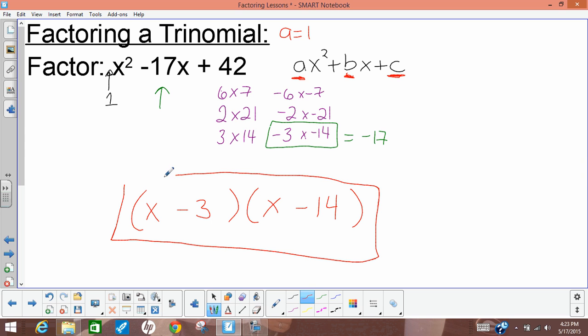That is our trinomial factored. Remember, as a check, you can always multiply the factors together and make sure that you get the polynomial you started with. We could do FOIL or the distributive property: x minus 3 times x minus 14, and we should get x squared minus 17x plus 42.